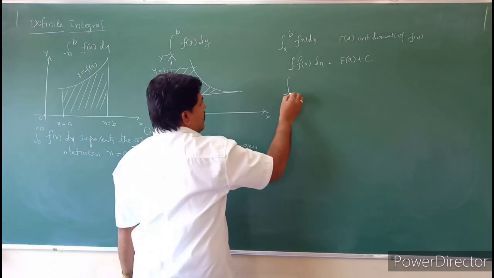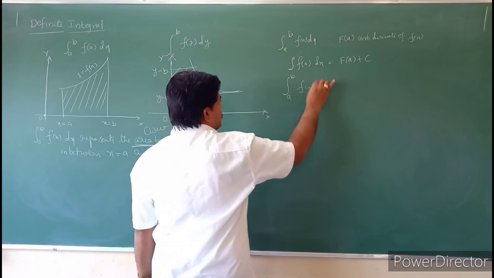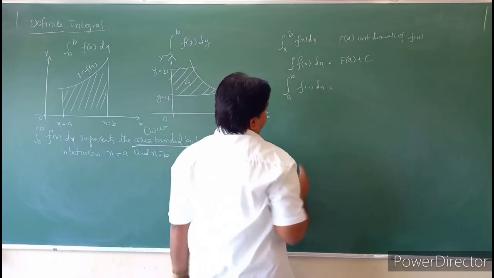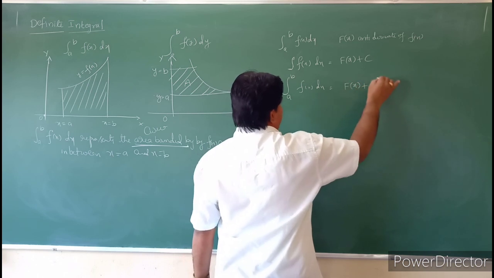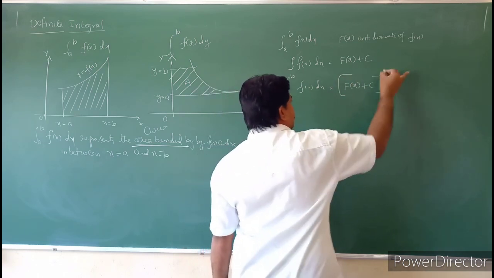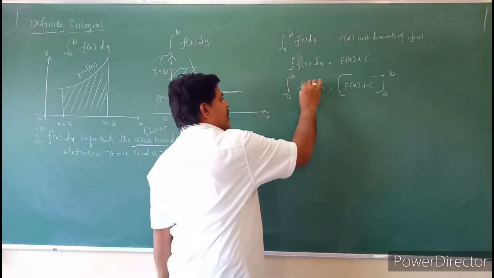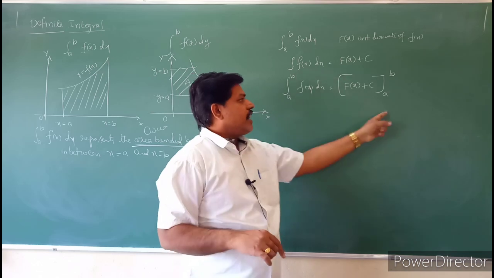So if we apply the limits, integral a to b f of x into dx will become F of x plus c. You have to apply the limits, that is a to b. You integrated this function and got this value, now you have to apply the limits a and b.